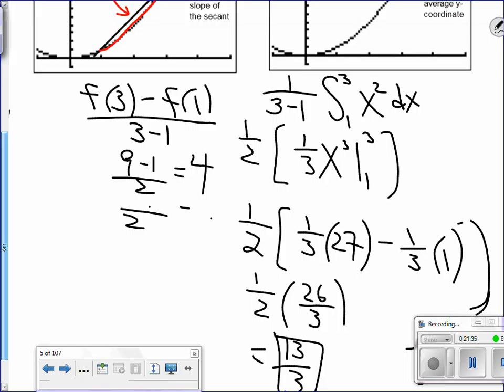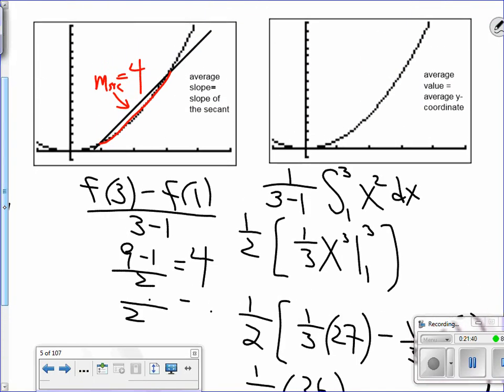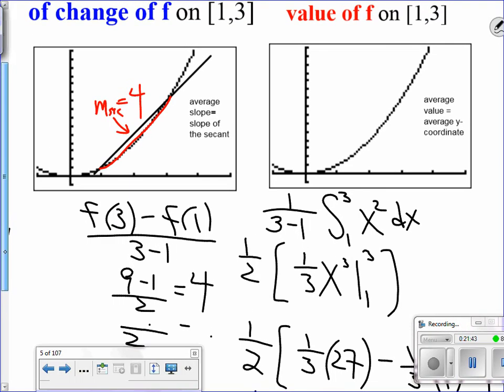Now, it's not the same as the average rate of change, so it definitely makes a difference here. The average value of the function we got was 4 1/3.